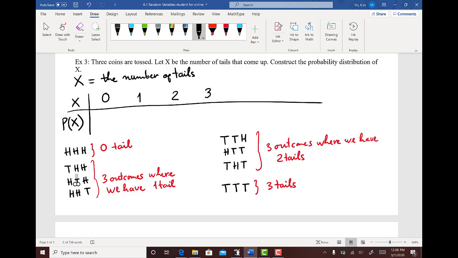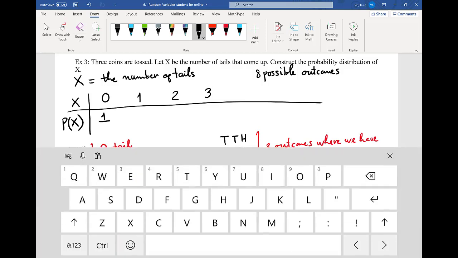There's a total of 8 possible outcomes in this experiment when you're tossing 3 coins. Now, out of those 8 possible outcomes, there's only one outcome that would give us 0 tail. So the probability of getting 0 tail would be 1 out of 8.